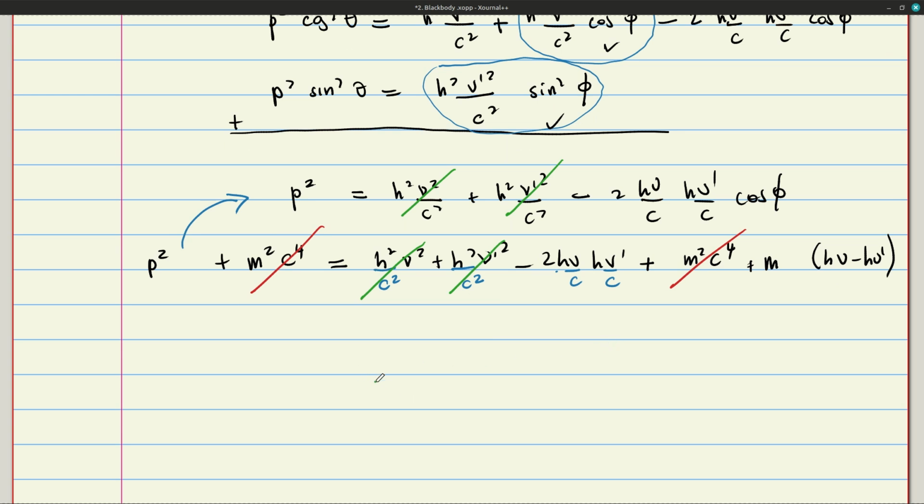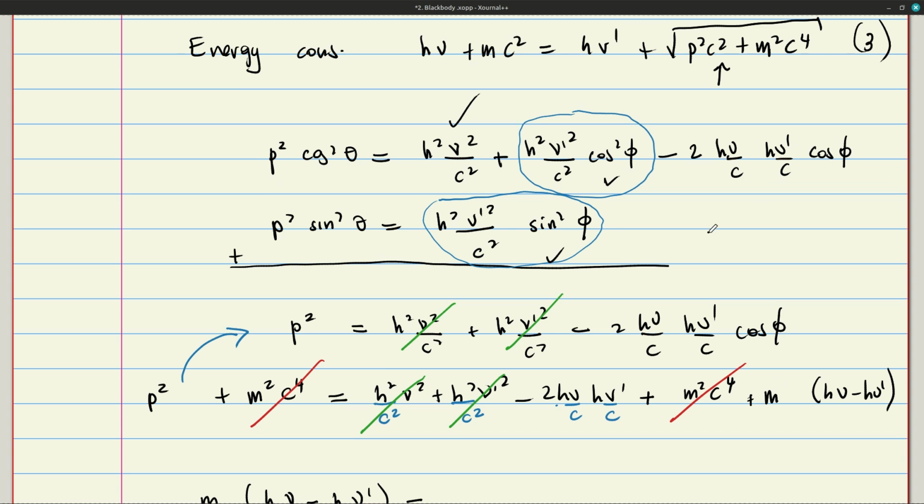m, I don't like this color. m, I think this m should be, okay, let's keep it. If there's a mistake, we can fix it. h nu minus h nu prime is equal to, so this term, I'm going to write it on the other side. I think there is a 2 here, right? So let's go back and fix this.